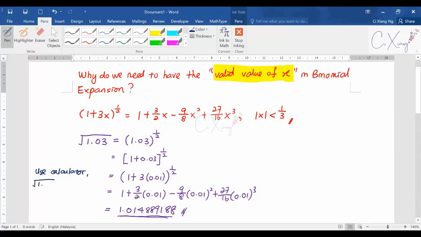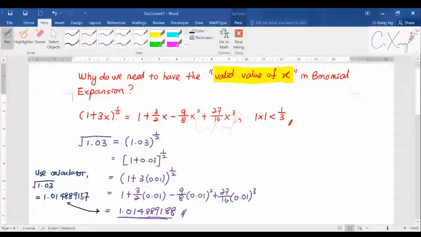Press the answer for the square root of 1.03. From the calculator, the answer you get should be 1.014889157. Please compare these two values. Are they very close to each other? Actually, yes. That means by using the binomial expansion, the value you estimate can be very accurate. You see, the values are almost the same already.